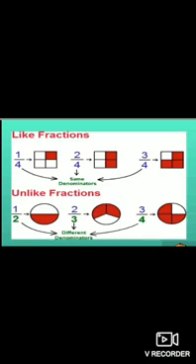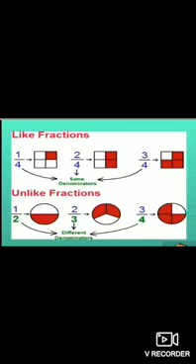Like fractions and unlike fractions. Like fractions are those fractions which have the same denominators. You can see here 1 by 4, 2 by 4 and 3 by 4 all have the same denominator 4.